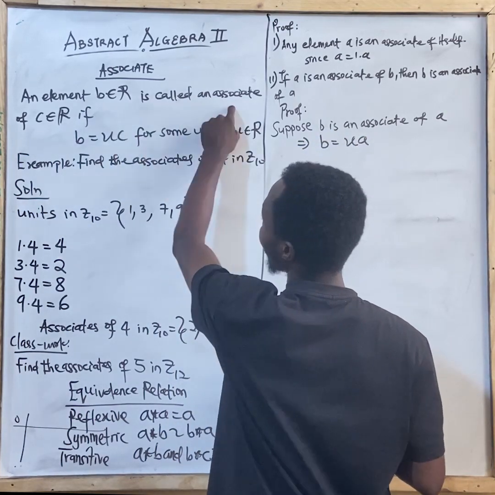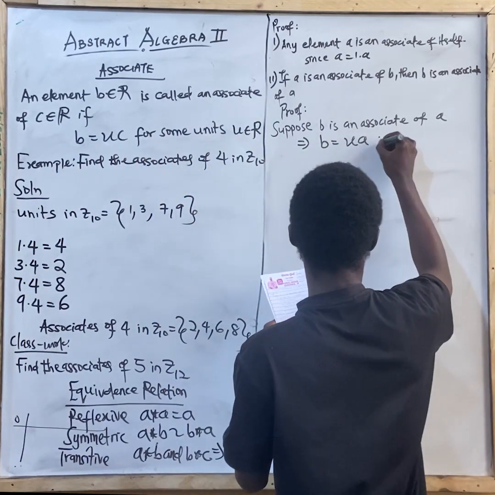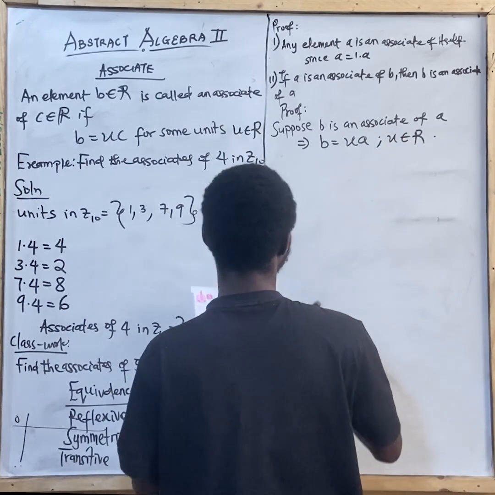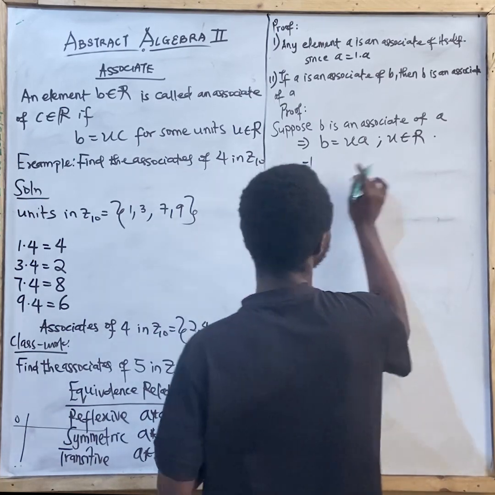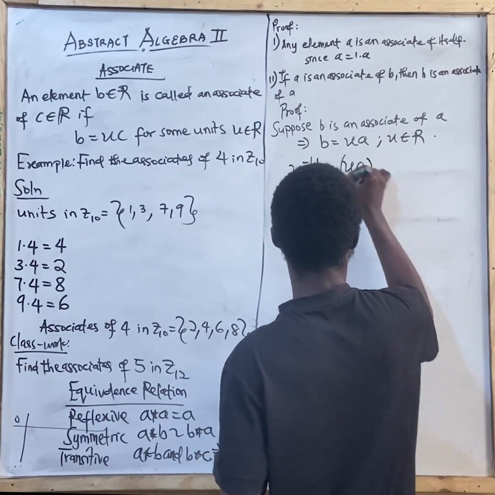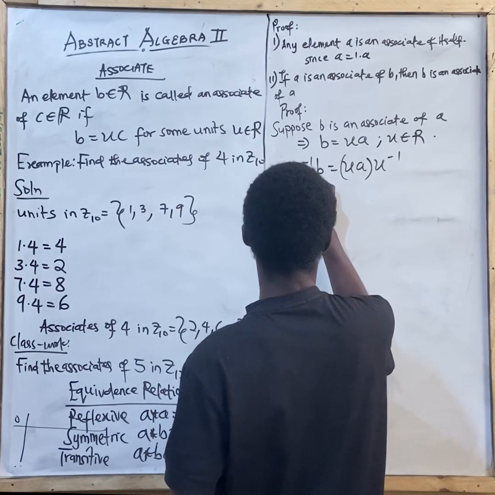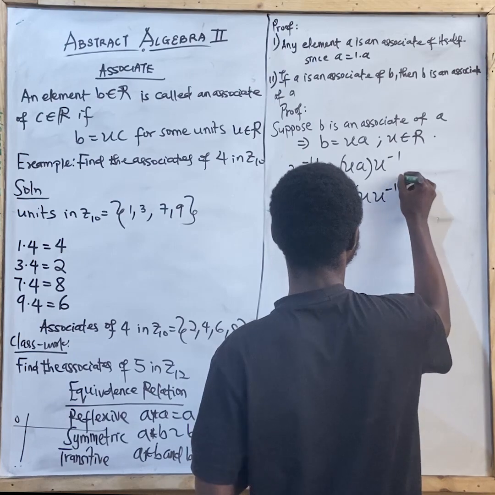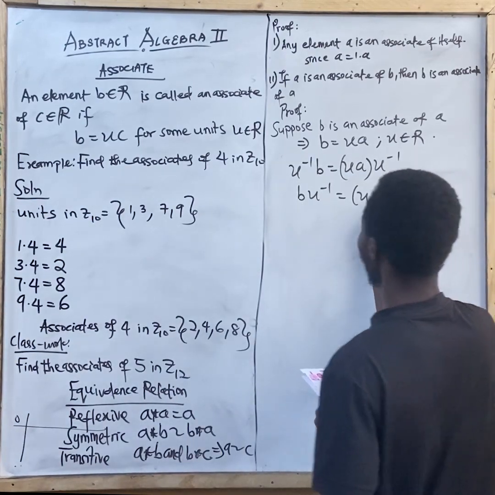If B is an associate of A, then B equals UA for some unit U in R. Now, if I multiply both sides by its inverse, I'm going to have U inverse times B equals U inverse times U times A. So you have U inverse B equals U inverse U times A. From the definition of multiplicative inverse, that will give you 1.